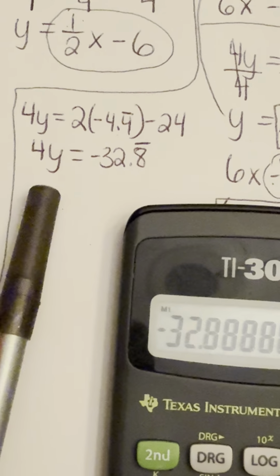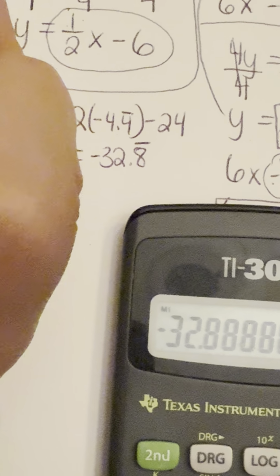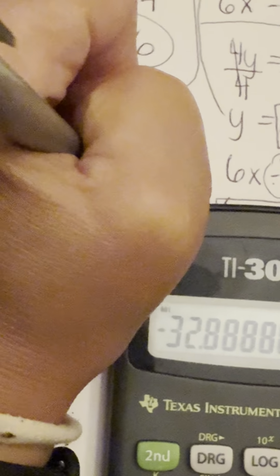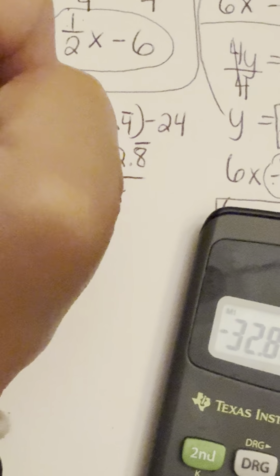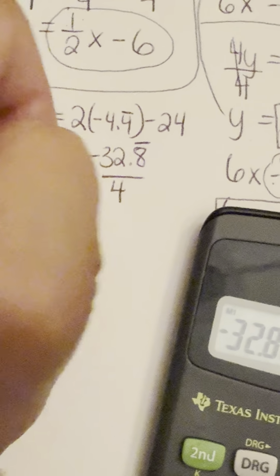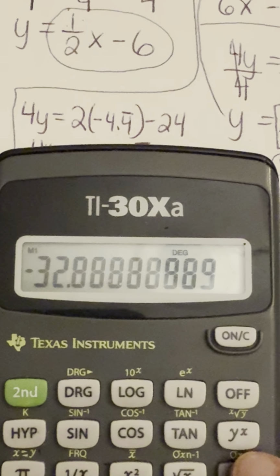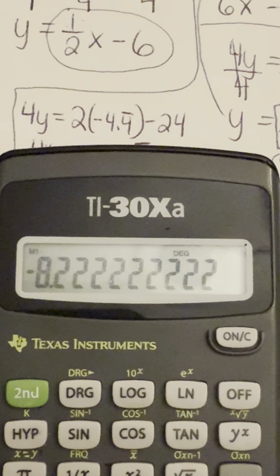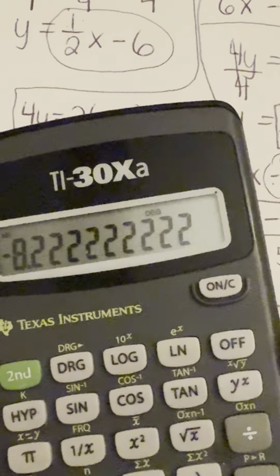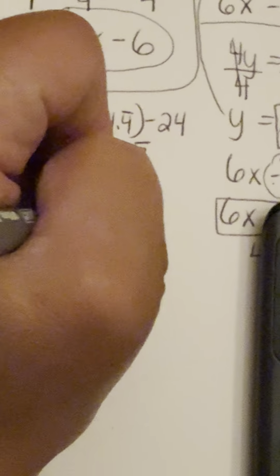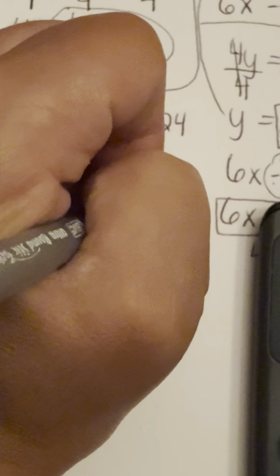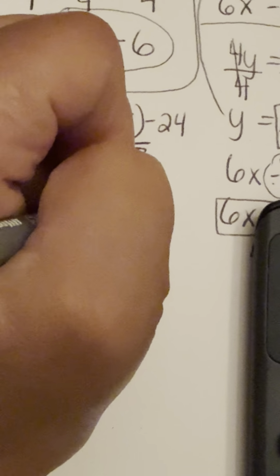Now, I need to get that y by itself. So I'm going to take the answer that's on my display while it's still there and divide by 4, because that's what I have to do. And this is my answer for y: negative 8.2 repeating is the y.